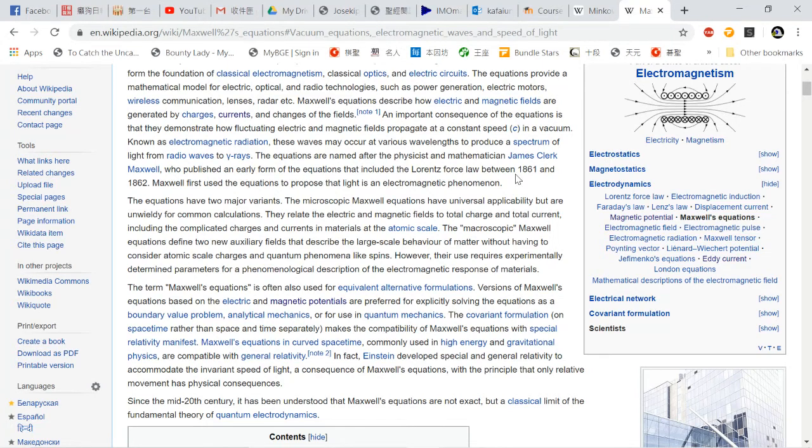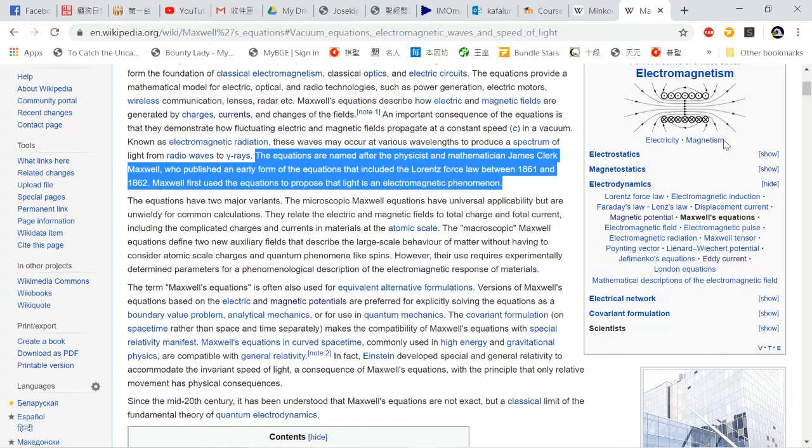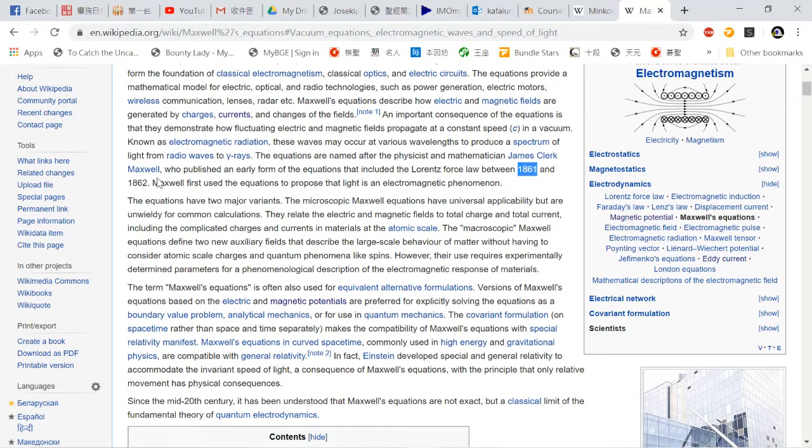The equations are named after the physicist and mathematician Maxwell, who published an early form of the equation that included the Lorentz force law between 1861 and 1862.